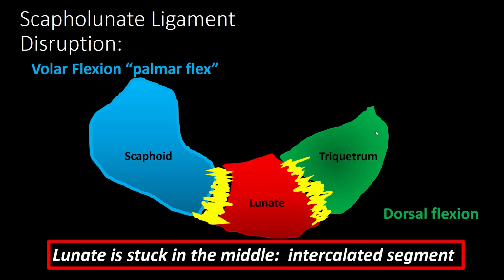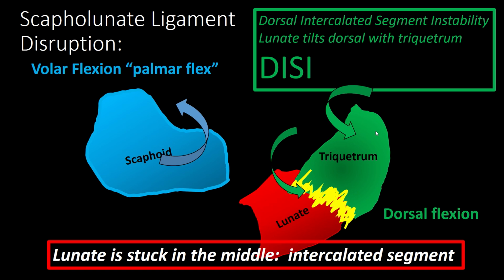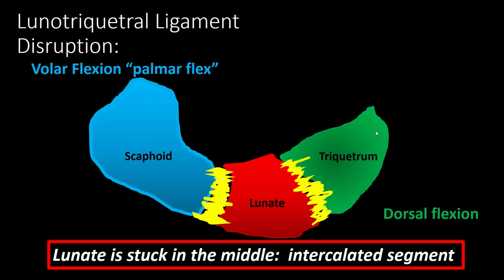Now, when the scapholunate ligament is torn, the lunate is still connected with the triquetrum and will then flex dorsally, producing that dorsal intercalated segment instability pattern. And now that the scaphoid is just not connected at all, it has free rein to really flex forward, and that's how you get this pattern here.